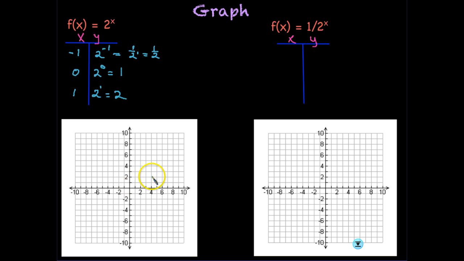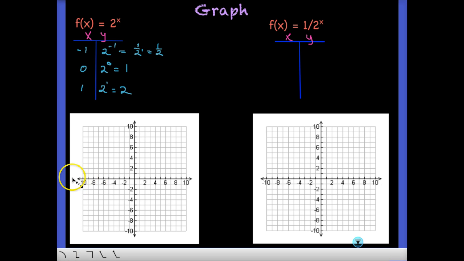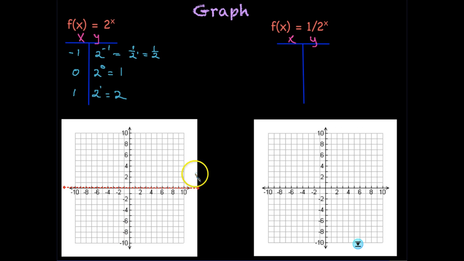Now we're ready to graph. Before we graph, I'm going to go ahead and put in the horizontal asymptote that we talked about. Remember that this is a parent function, so the horizontal asymptote will be here where y equals 0. Now let's plot our points. We have -1, 1/2, 0, 1, and 1, 2 right here.